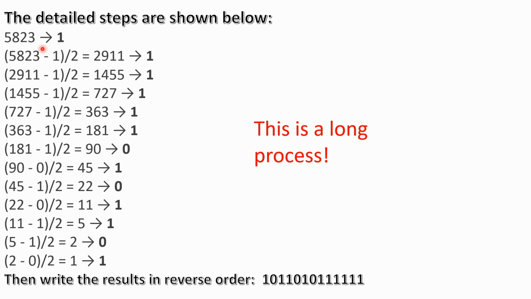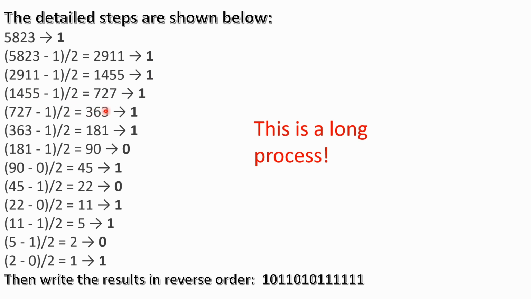You'll understand the process. First you've got the 5,823. It's odd, so we assign a 1. Then here is where we got our 2,911. We subtracted 1 and divided by 2. You got 2,911. It's odd, so we assign a 1. You take the result of that, 2,911, subtract 1, divide by 2, get 1,455, and you get a 1. You can see how we're doing that. We keep going through.